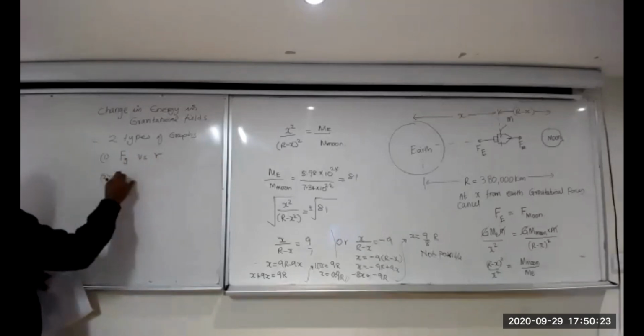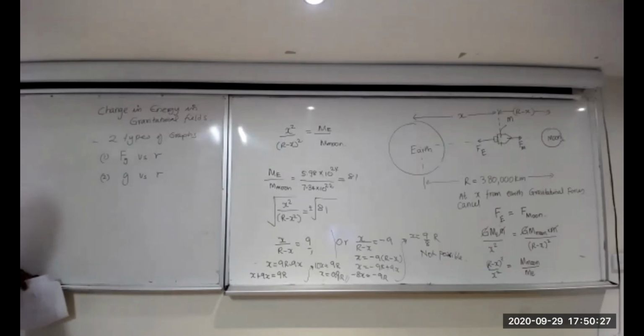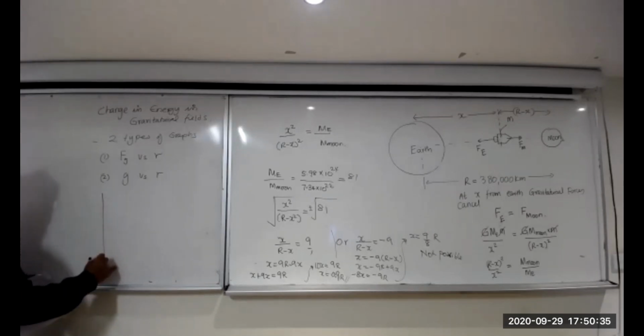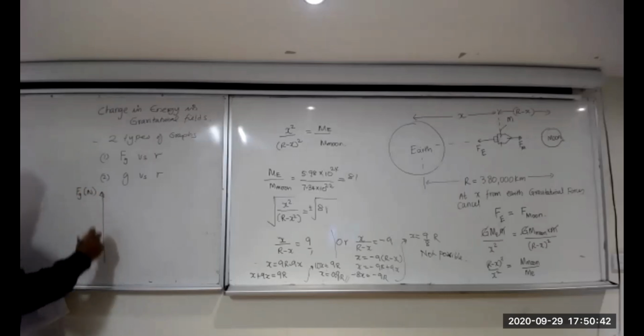The second one is gravitational field strength versus distance. Gravitational force versus distance is easier because the area under the graph will straight away give you the work or change in energy. You don't need to times by the mass of the object or anything.